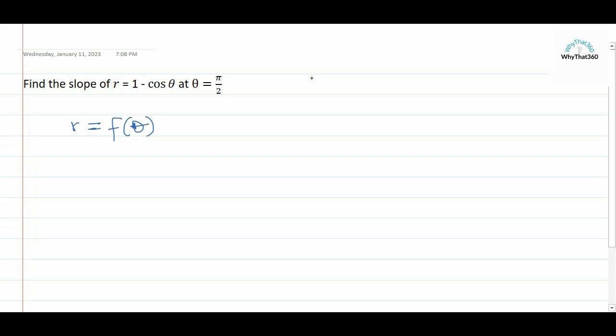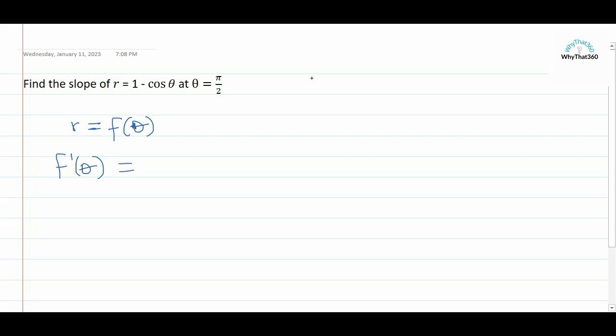So we will go ahead and find the slope, which is given by f prime of theta, or you can say dy dx.